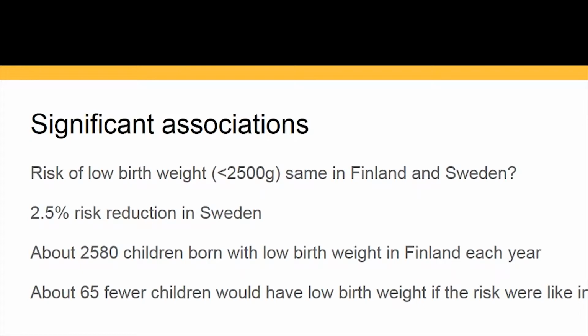If you take 2.5%, so that's the risk reduction from Finland to Sweden, so 2.5% of 2,580, you get about 65. So therefore, if you reduce the risk of low birth weight by 2.5%, that would be the same as reducing the number of low birth weight infants by 65.